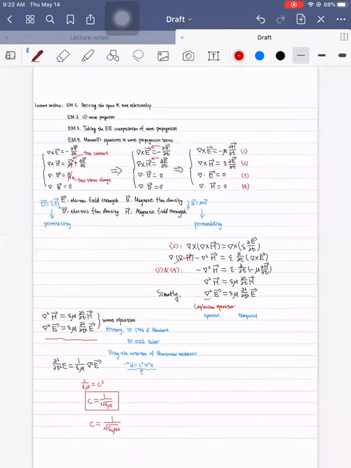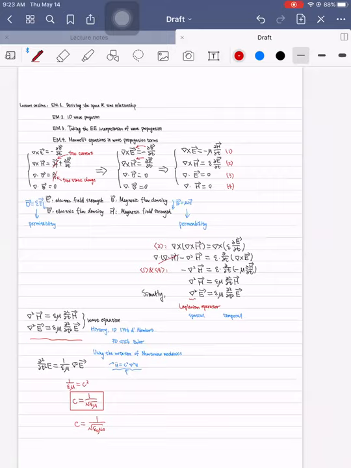So now, since these two equations are in 3D space, it's a little bit complicated. So let's simplify it first. We can discuss the 1D wave equation first.